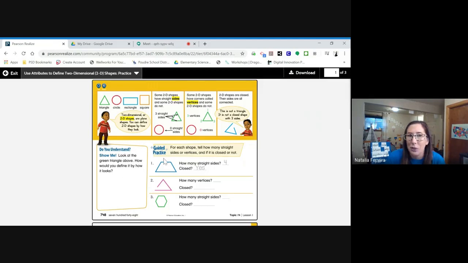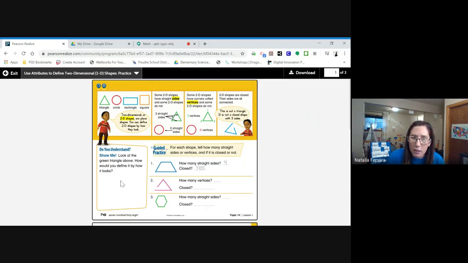Do you understand? Look at the green triangle above. How would you define it by how it looks? Tell me about the triangle. If I had my eyes closed and you wanted me to draw a triangle, what would you tell me? How many straight sides does it have?